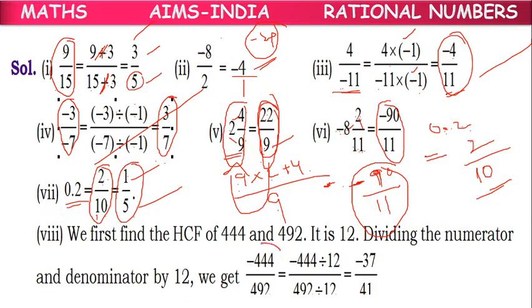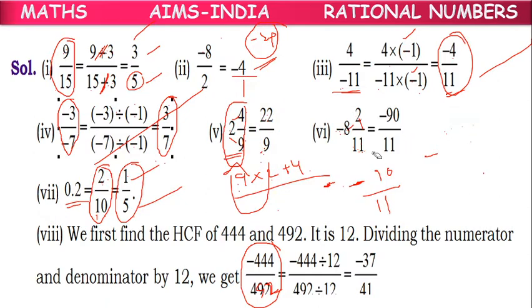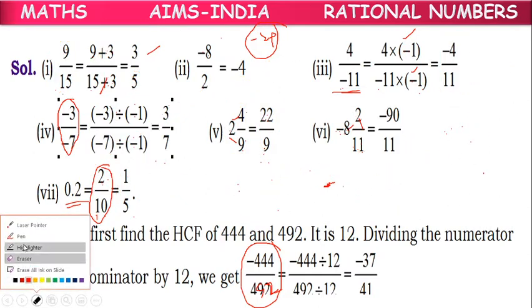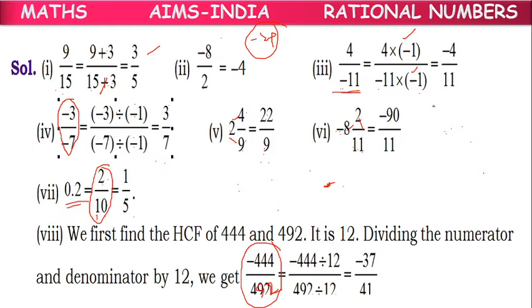Next here, minus 444 by minus 492. We have to check their HCF. How to find HCF, children? Bigger number we have to take, 492. 444, minus we should not take.